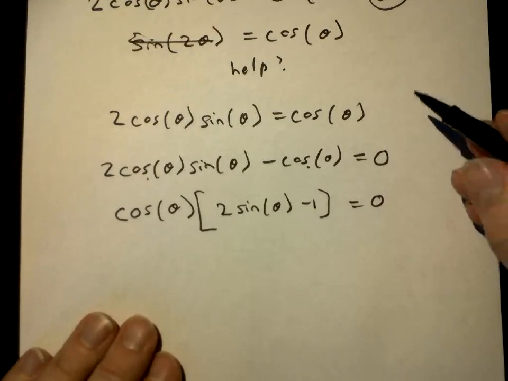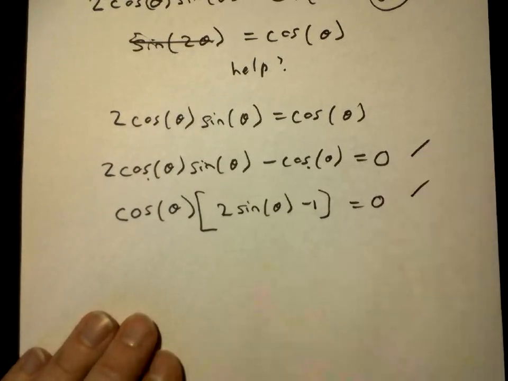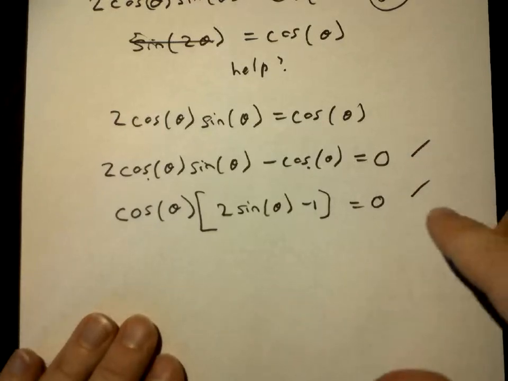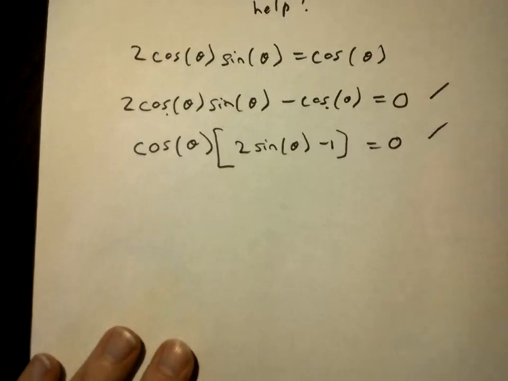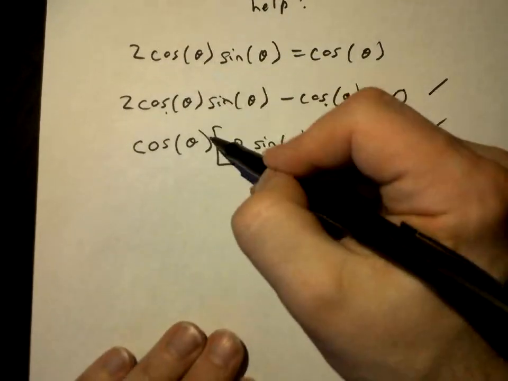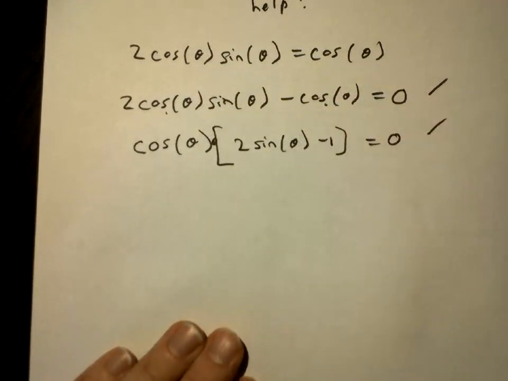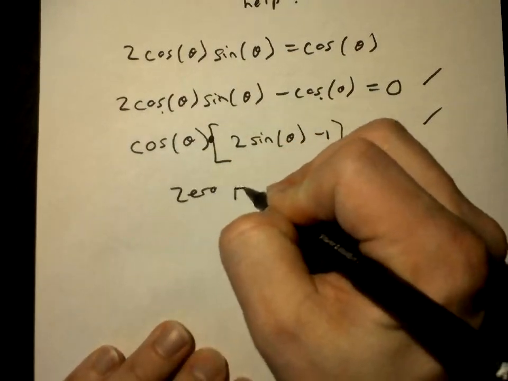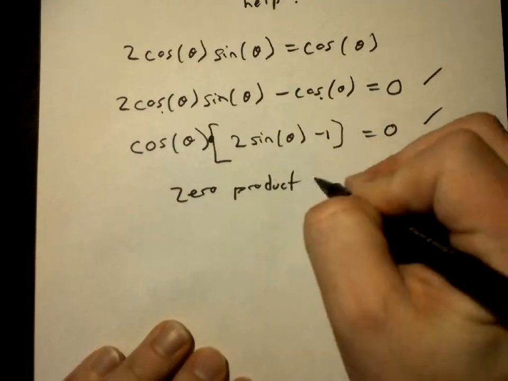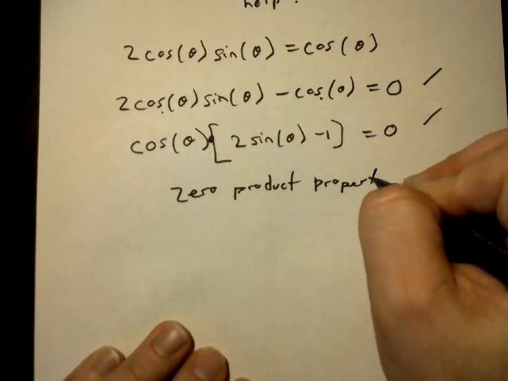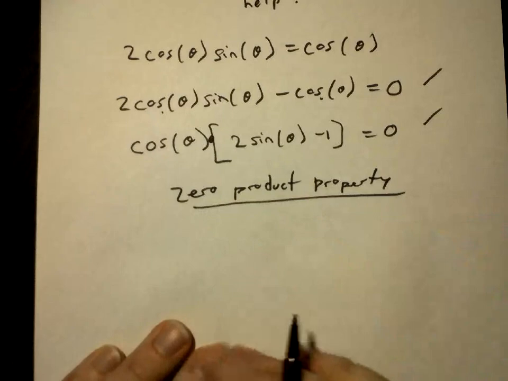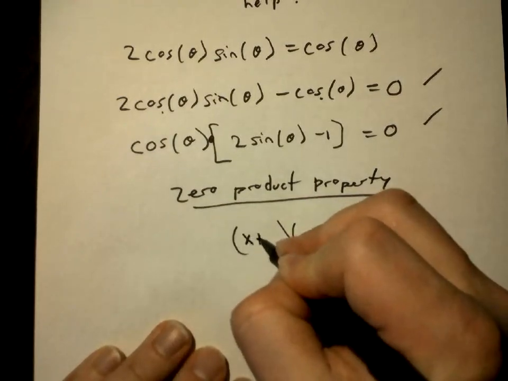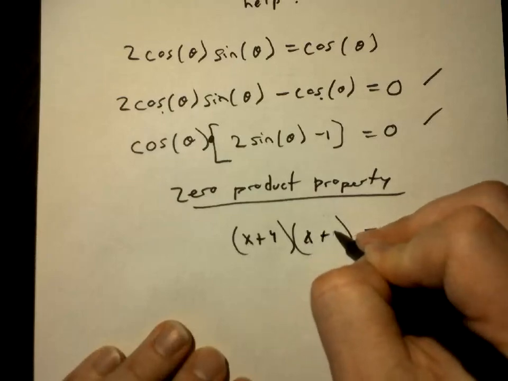I want to make this clear that I do believe we have to solve for 0. We have to make them equal to 0 in order to do this next step. So our two setups, this is a multiplication. And I do believe, according to the zero product property, remember when you have something like this equaling to 0, I don't know, x plus 4, x plus 3.